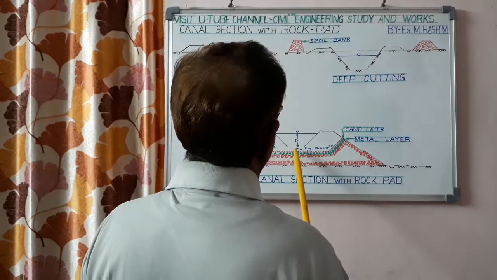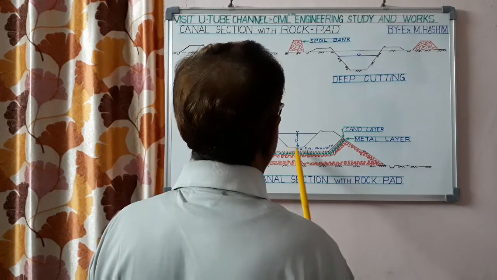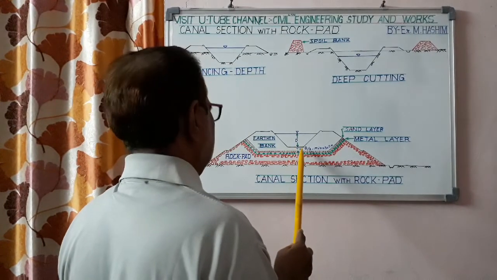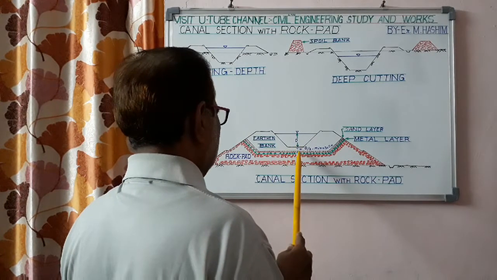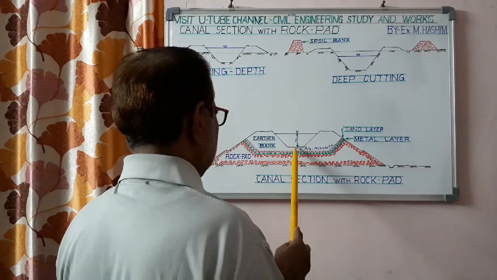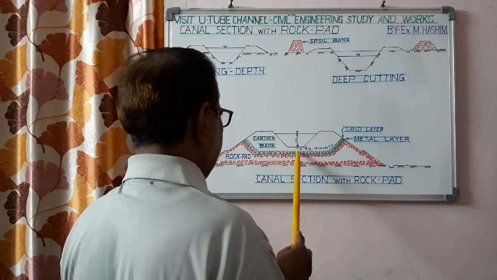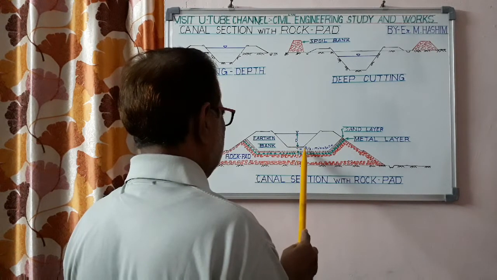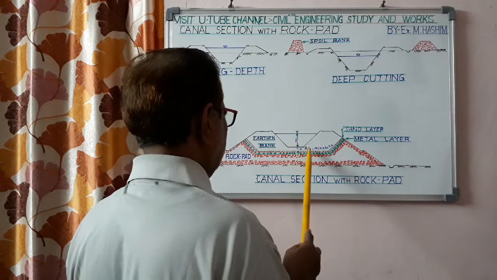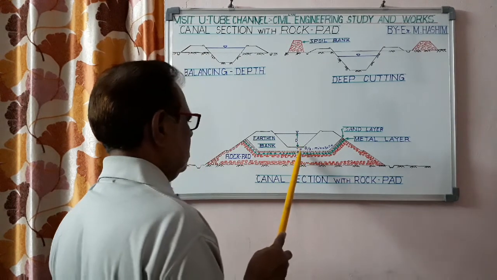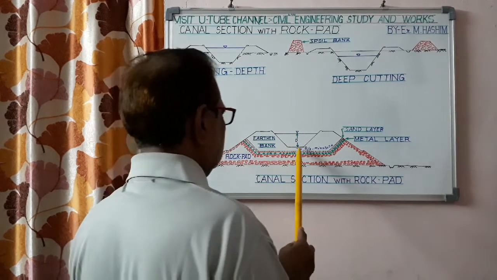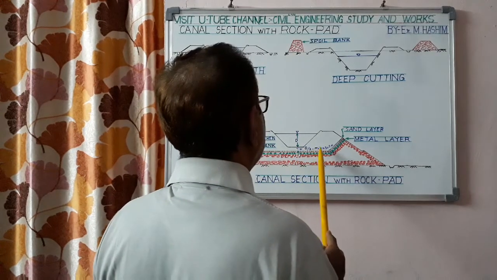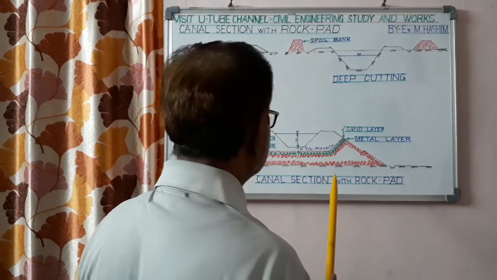Here there should be some earthen cushion below the bed of the canal. So this earthen cushion between the bed of the canal and the filter layer should be equal to T, and T should be equal to D by 3, that is depth of water upon 3, that is 1/3 of the water depth at minimum, or minimum 30 centimeter.